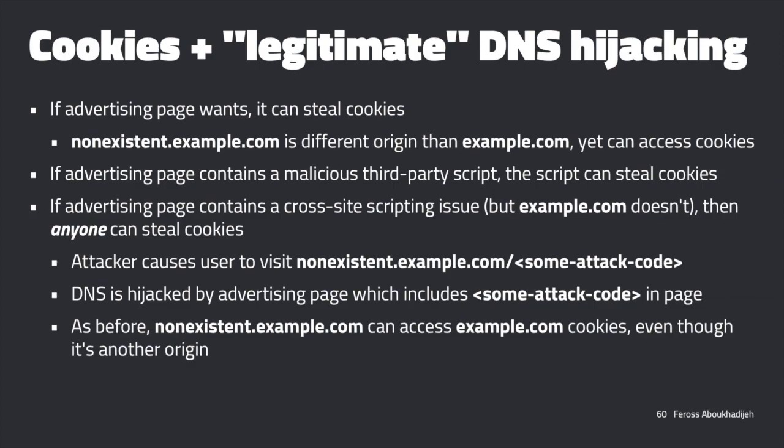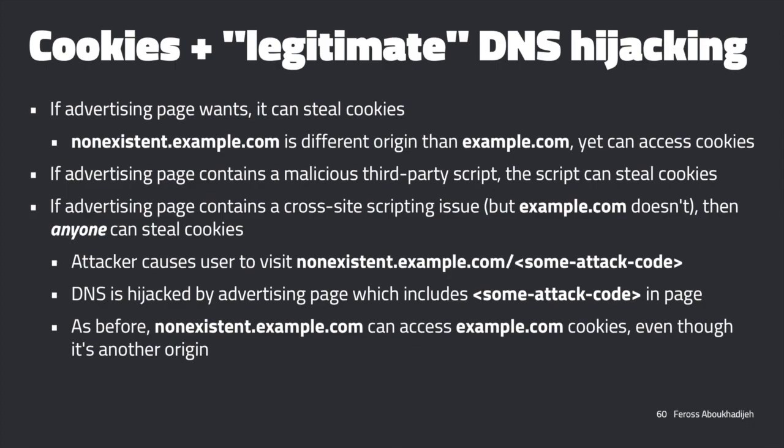So now the attacker is running this code in this page, and this code can read the cookies for example.com and even set cookies for example.com and do stuff like that. Does that make sense? So yeah, the difference between those two models is the source of all kinds of issues.